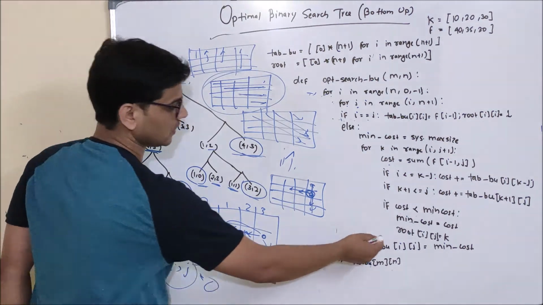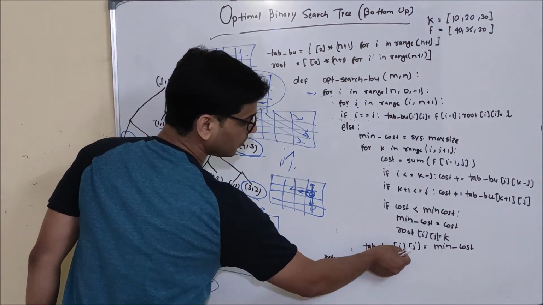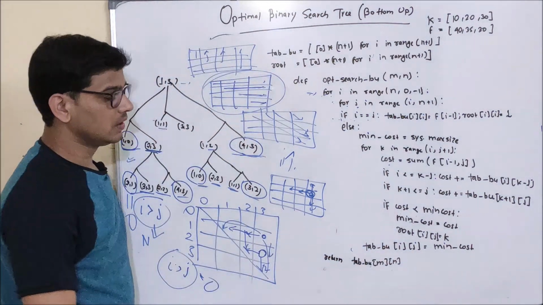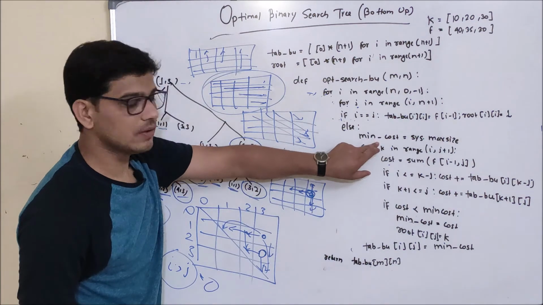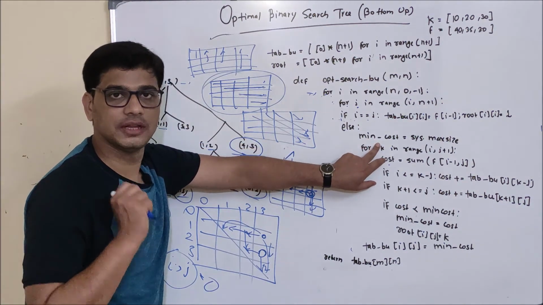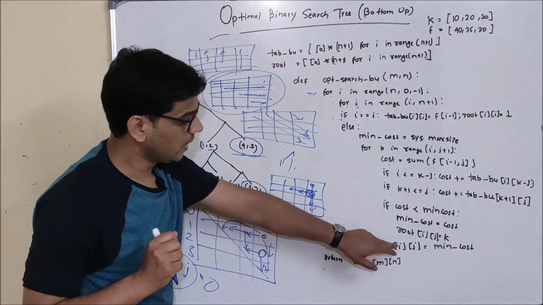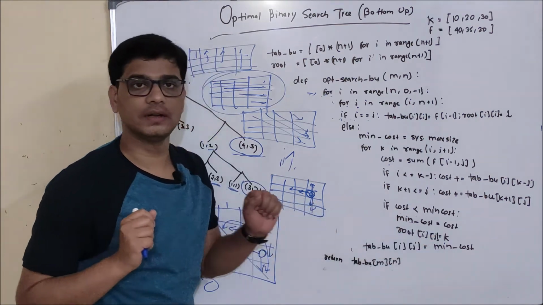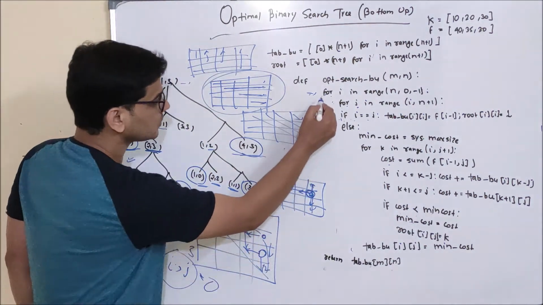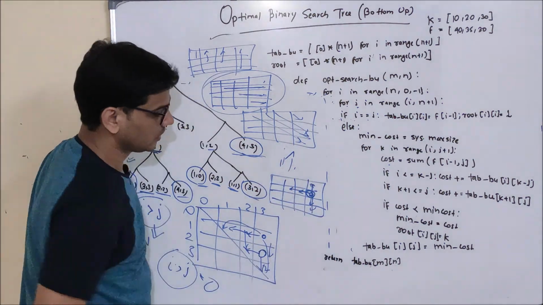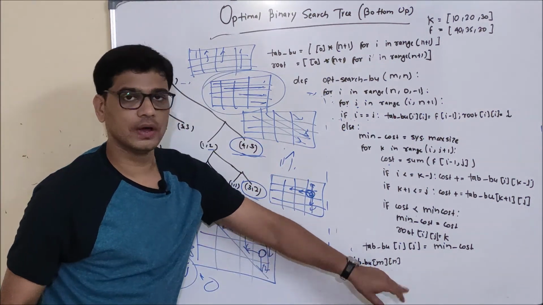Okay, now see tab of BU[i][j]. Once this for loop will finish, I will have optimal answer in min cost, and then in tab of BU[i][j] I will update min cost once this for loop will finish. And once this for loop will finish, I will return tab of BU[0][n-1].